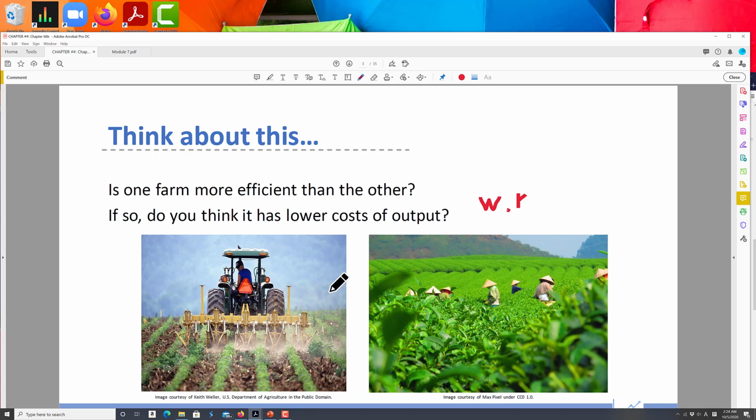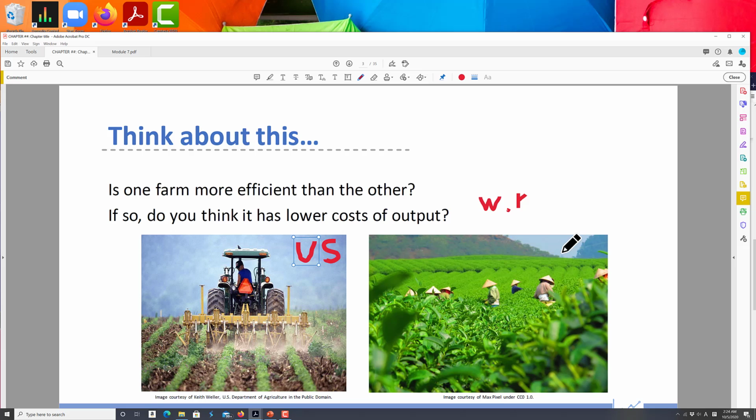Okay, here are two pictures. I think the picture on the left is a farmer using a tractor or something like that in the United States. It's a picture of a U.S. farm.